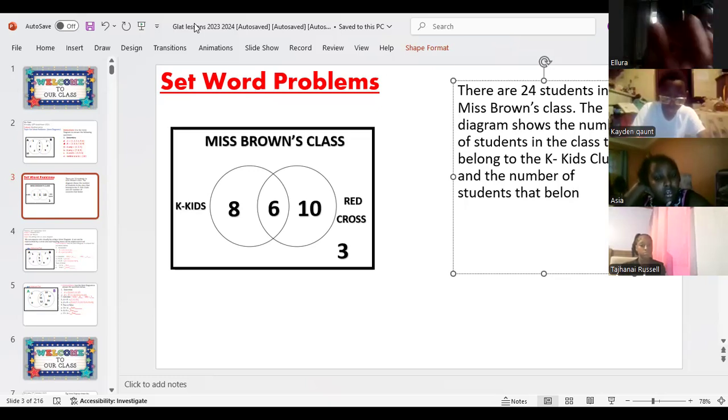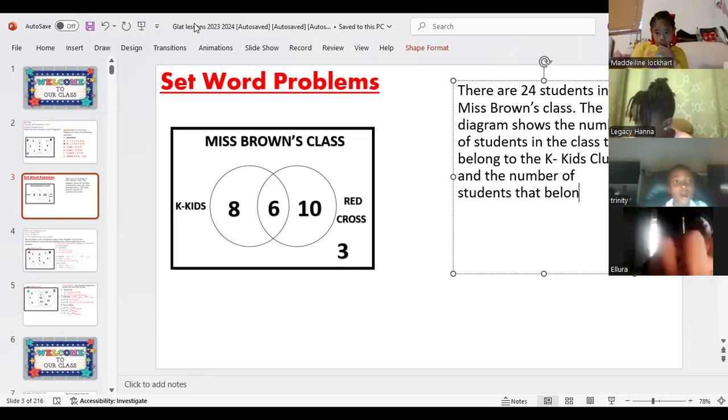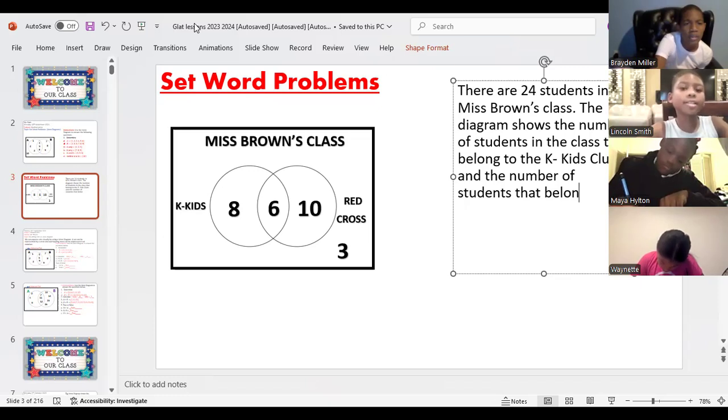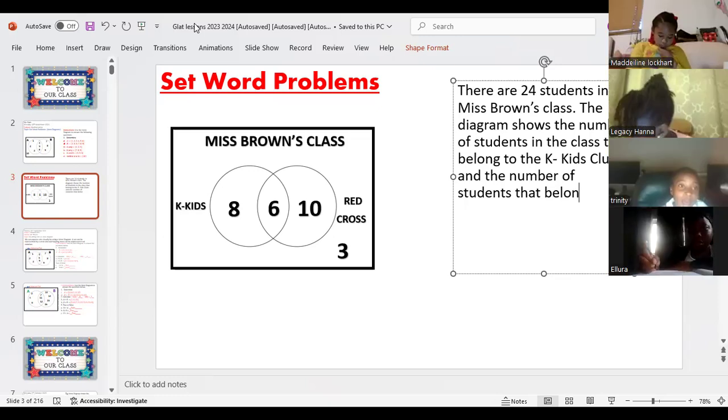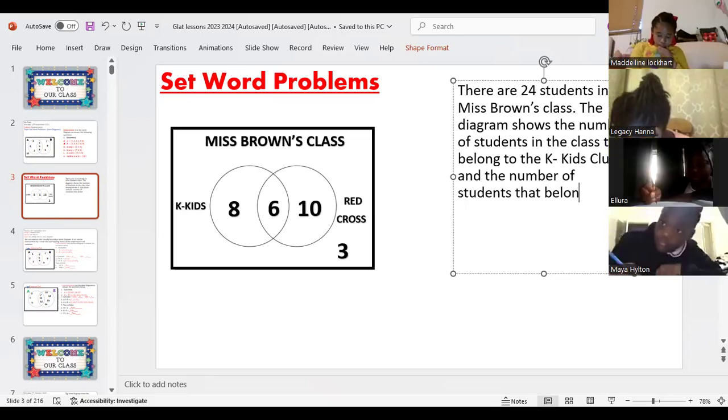What is K Kids all about anyway? Like helping, raising funds. The people in jail could give their children presents for Christmas and stuff. Oh, okay, it's for helping kids. Tomorrow we're going to sell ice cream.